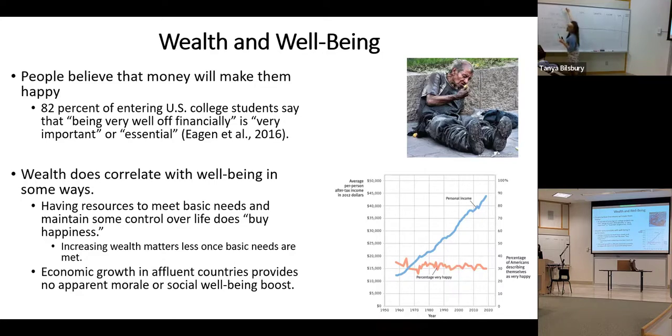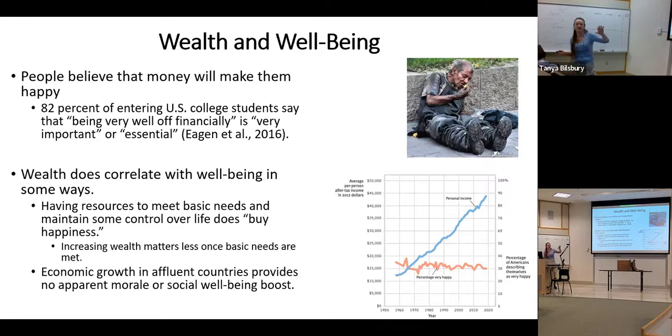It depends on the country you're in. Last time I heard the number was $75,000 a year, but that was many years ago. Maybe that's changed, and I never read the paper that was based on, but there's some value at which more money isn't really going to make you happier because you already have enough, and maybe the more work you have to do to get that money is just more stress. Maybe you just use that money to buy more stuff, and then you have more clutter to deal with. Okay, so at some point it kind of levels out.